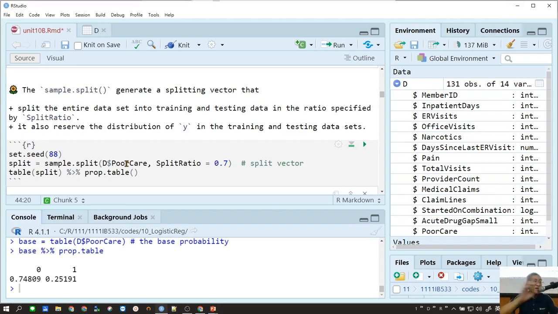Now, if you still remember, before we build the model we want to split the data, like when we did the linear regression.